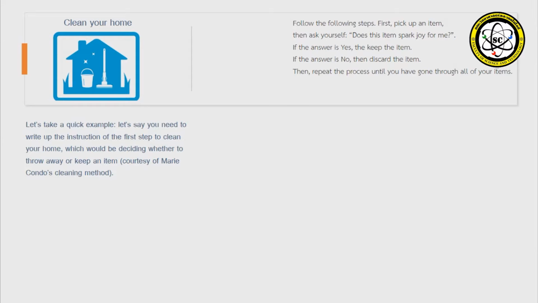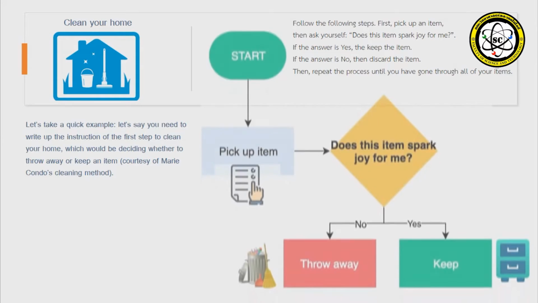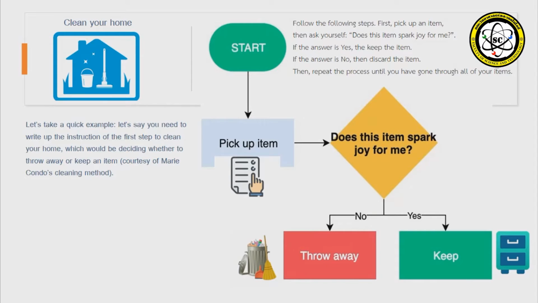Let's take a quick example. Let's say you need to write up the instructions of the first step to clean your home, which would be deciding whether to throw away or keep an item. Follow the following steps. First, pick up an item. Then ask yourself, does this item spark joy for me?